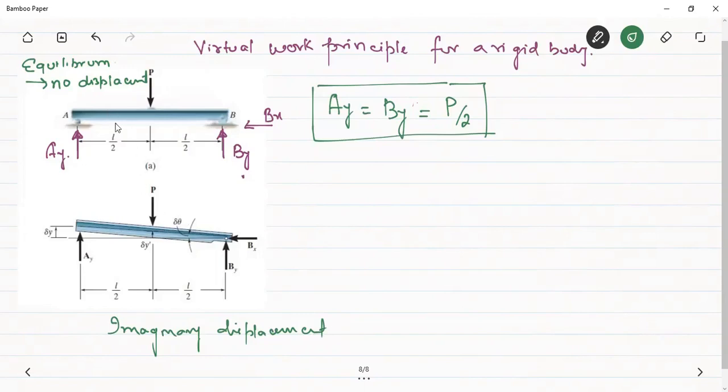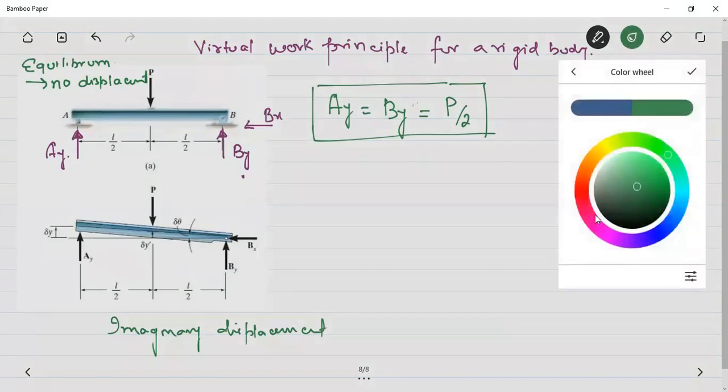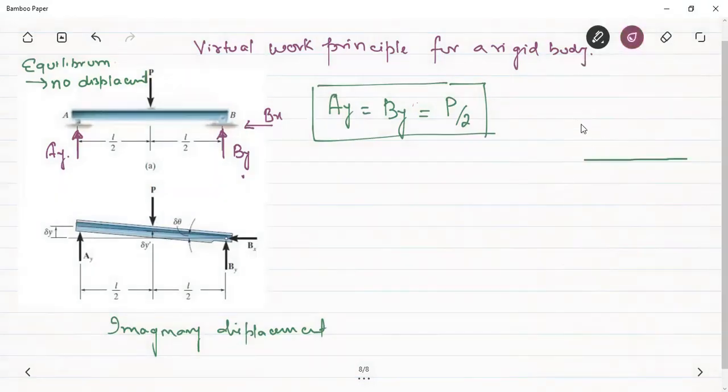When this beam has been given a rotation about the hinge B by an angle of delta theta, we can see that the midpoint of the beam has moved some distance upwards. Obviously, it will move upwards. After the rotation by some angle, this point B will be here.